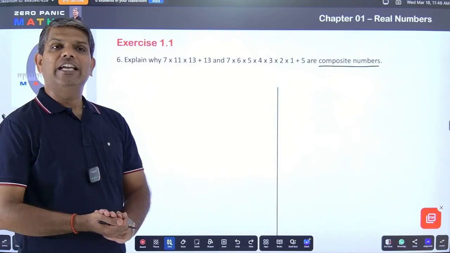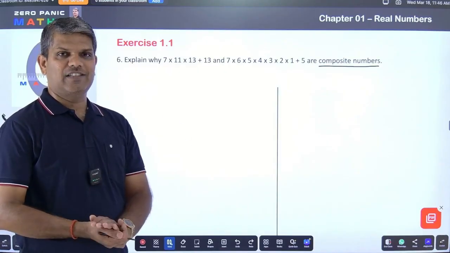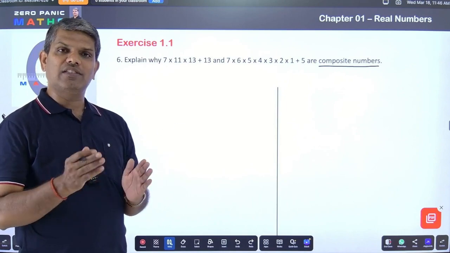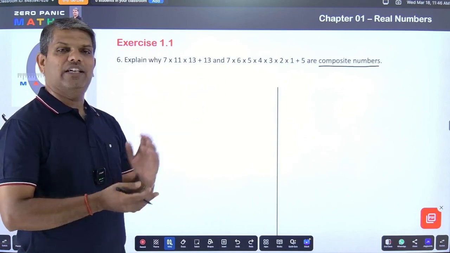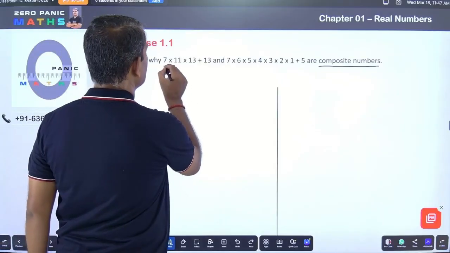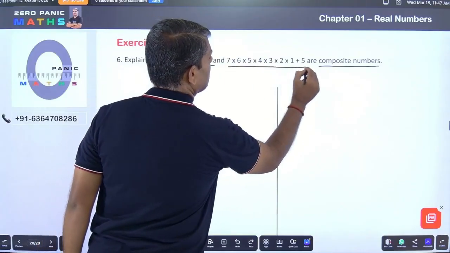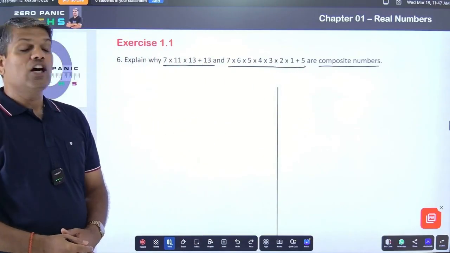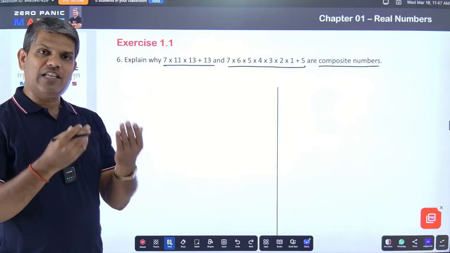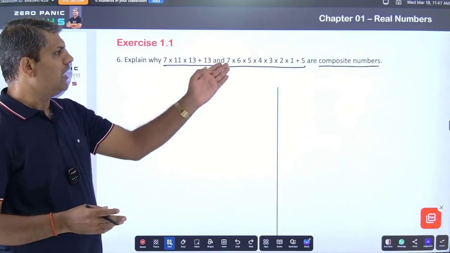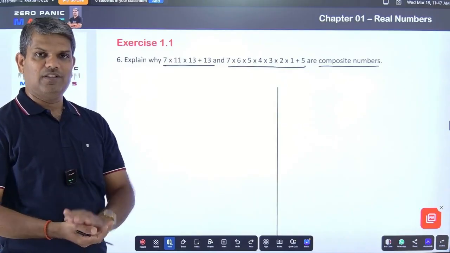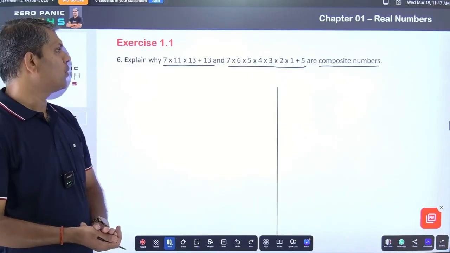It means it has more than two factors, so it has a factor other than one and itself that can divide it. So we need to just prove that the two given numbers are composite numbers by proving that they have other factors in the representation of these numbers other than one and itself. That is how we are going to prove this.